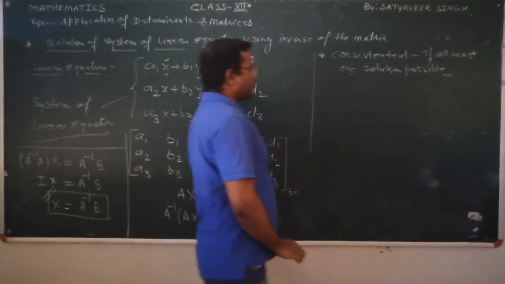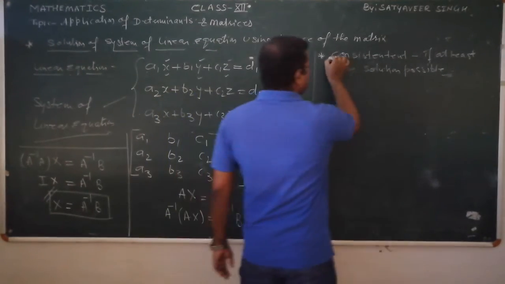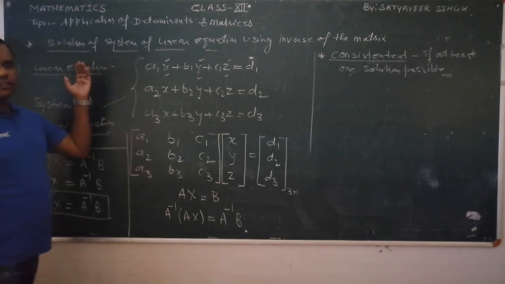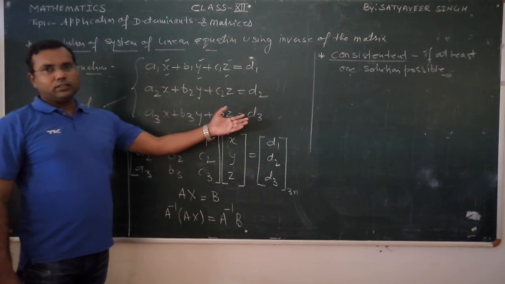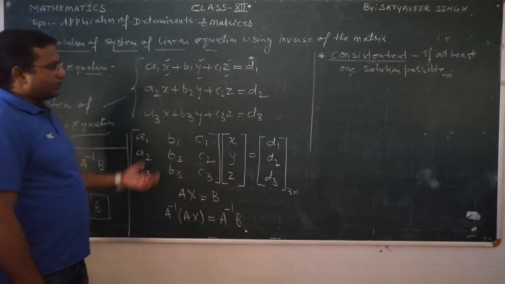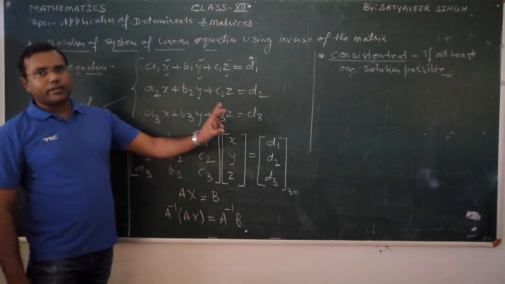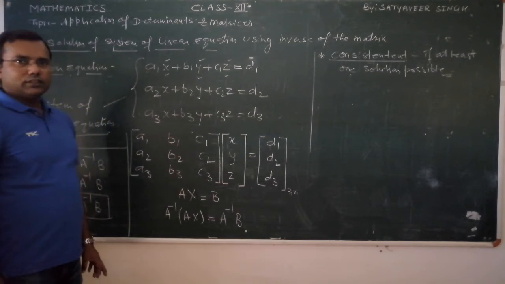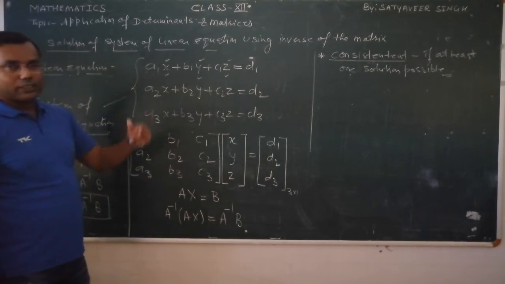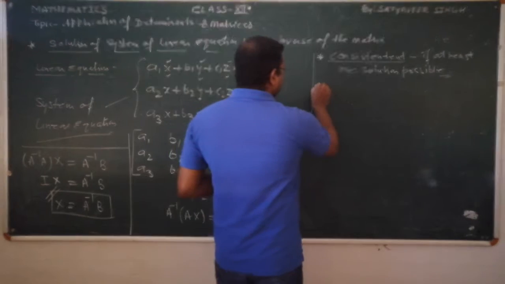What is the meaning of consistent? If you are, suppose, solving this equation and you are getting one solution for x, y and z, you are getting one particular value, different values maybe. So that is called consistent, and it can be inconsistent.